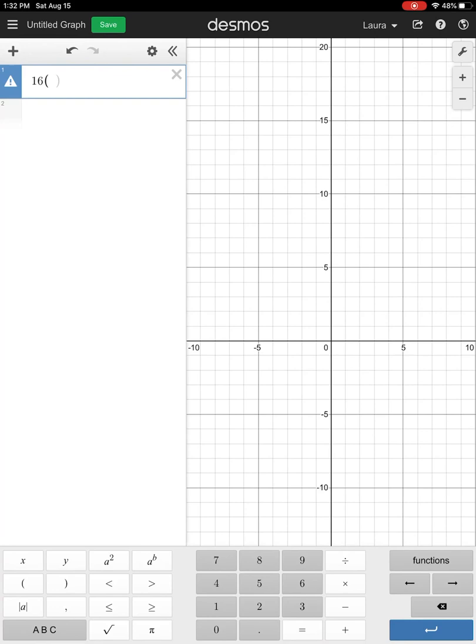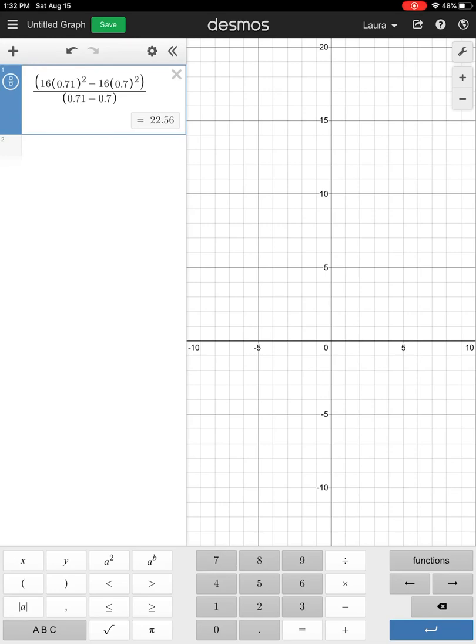So let's go to Desmos. I know that my numerator is going to need to be all together, so I'll put everything in parentheses: 16 times 0.71 squared minus 16 times 0.7 squared, then close that parenthesis for my numerator, divided by another parenthesis, 0.71 minus 0.7, and close that parenthesis.